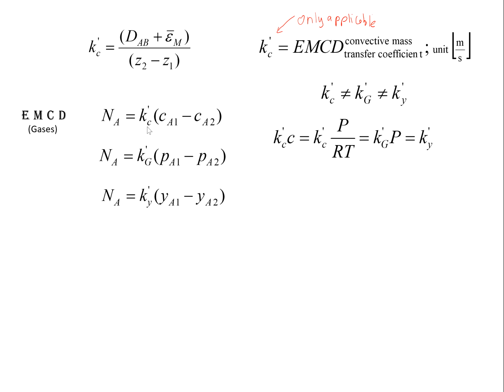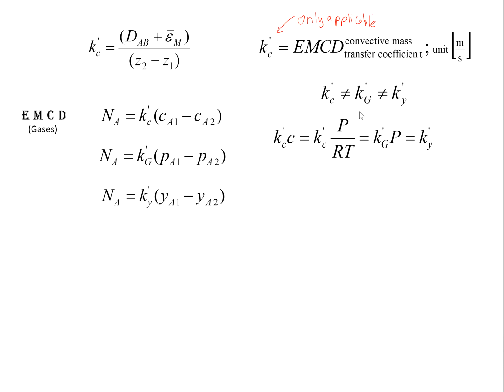But the product of Kc prime multiplied by the driving force in concentration is going to give you the same answer as Kg prime multiplied by the driving force in partial pressure. There is actually a relationship between all these constants, all these coefficients.